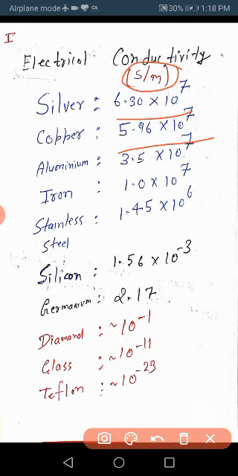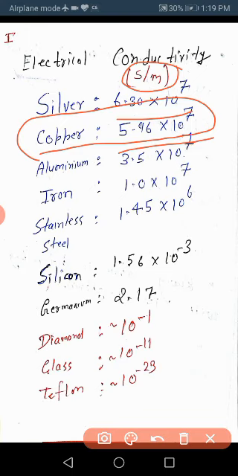What you need to understand is that for various purposes in electricity, for connections and for windings, we use copper. In spite of the conductivity of silver being higher, as we know, economics is a big consideration, because the cost of silver is much higher than copper.